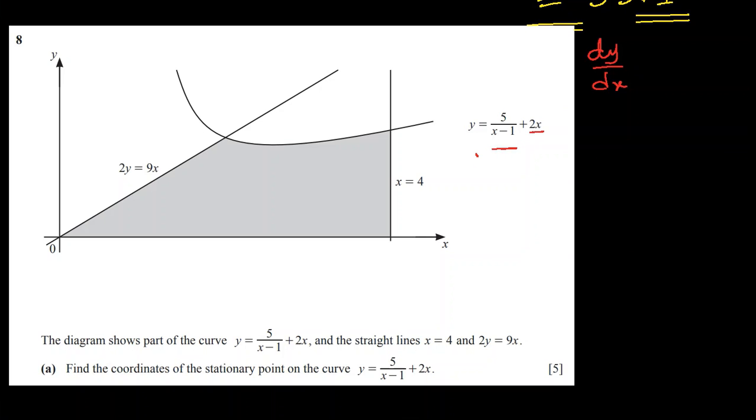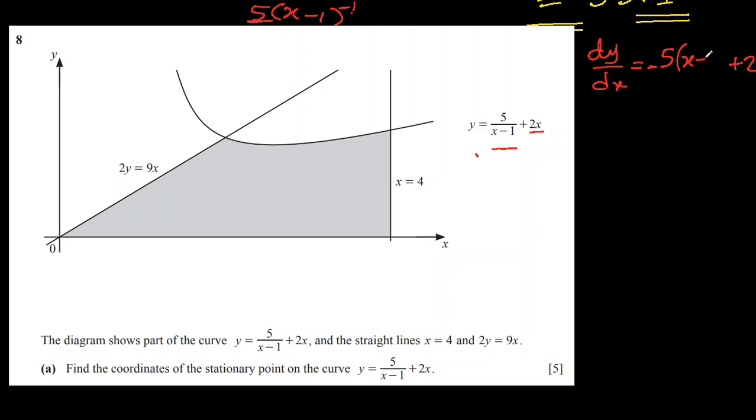So 2x is easy. The differentiation of 2x is just 2. 5 over x minus 1 is the one which will be little challenging. Can I write this as 5 times (x minus 1) to the power minus 1? That will make it easy. Because it is a power of a function, this minus 1 will multiply with 5, so we'll get minus 5 here.